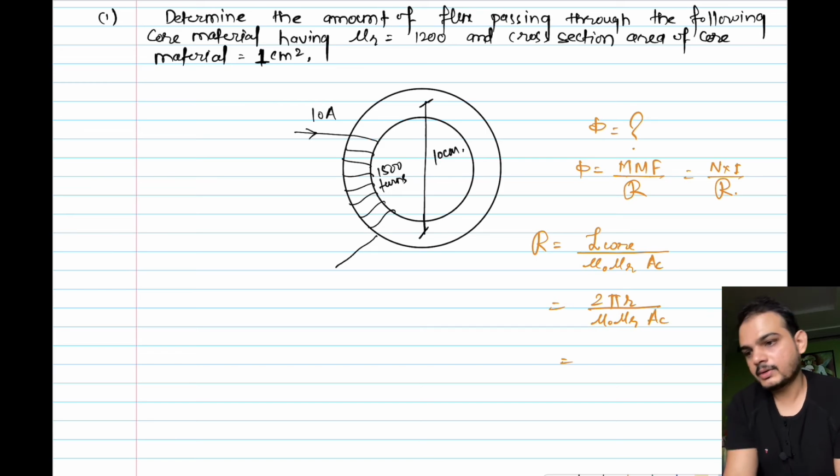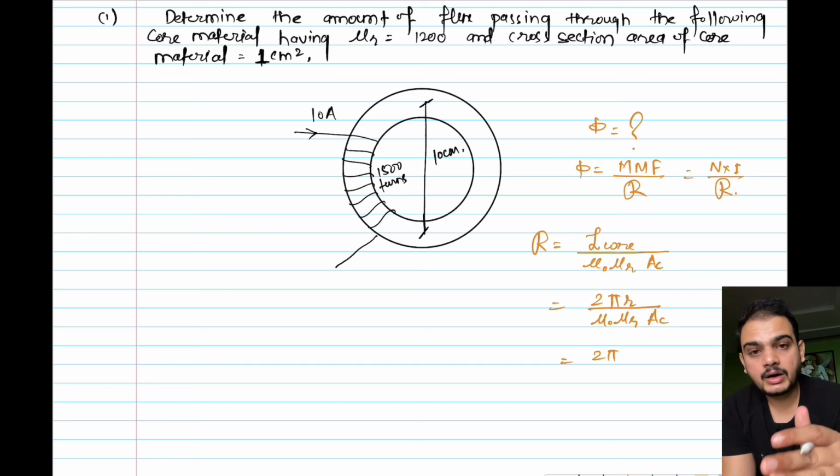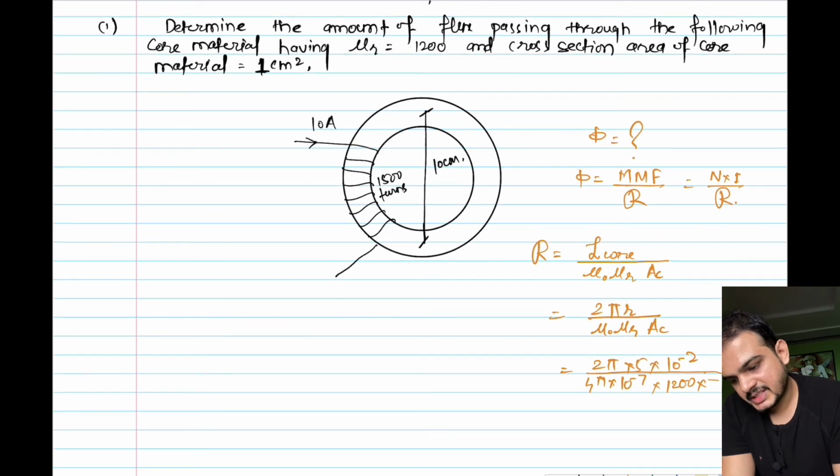When we calculate this, we get 2 pi into 5 centimeter, since the mean diameter is 10 centimeter. But we want our units in meters, so 5 into 10 to the power minus 2. Then mu naught is 4 pi into 10 to the power minus 7, into mu r value 1200, into area of core, given as 1 centimeter square.